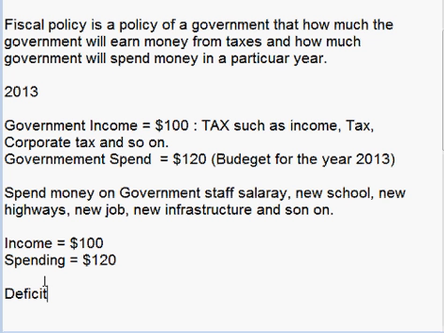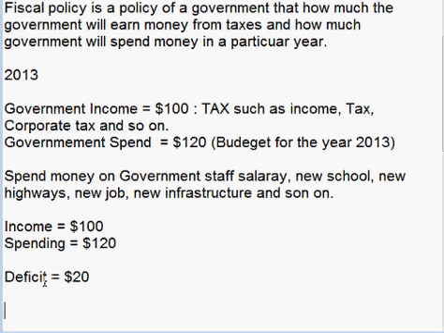The deficit for the government is $20, because the spending target is more than the income target by $20. And the government will have to borrow this $20 by selling government bonds.